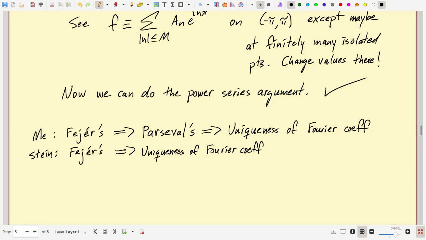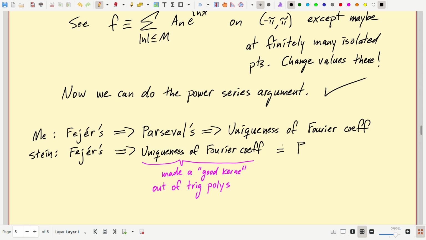And let's see. He did this by making a good kernel out of trig polynomials using Fejér's. And then he showed Parseval's.